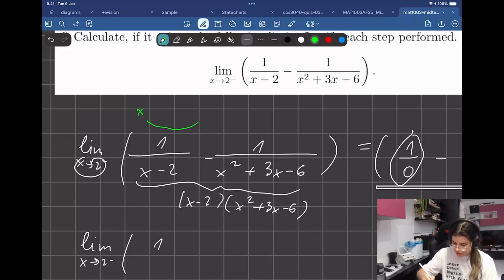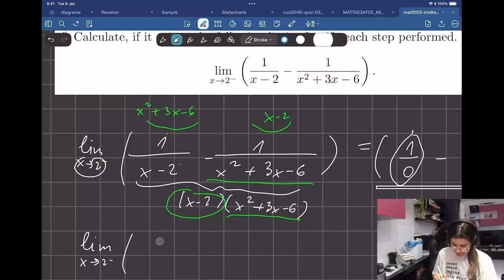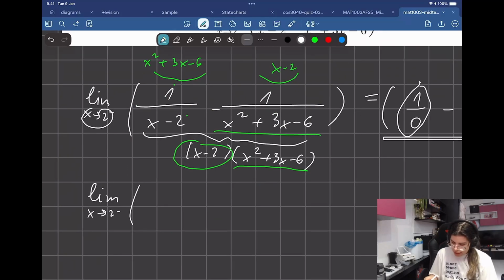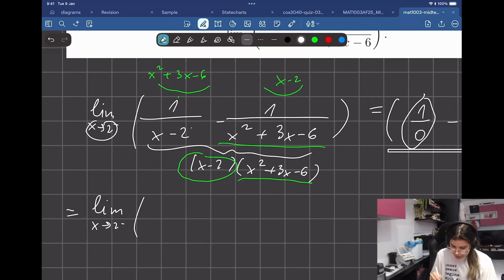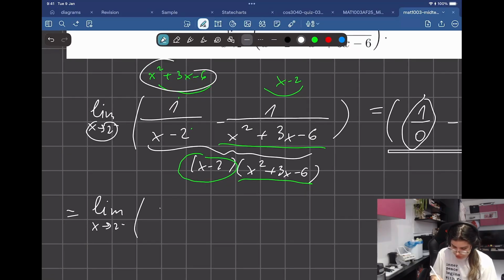It might be different abroad, but I hope it doesn't confuse you too much. I'm just going to multiply both the numerator and the denominator by this expression. And here on the right, we already have that factor, so I'm left to multiply by x minus 2, okay? So now, in the result here, I would have 1 times this expression, which is just x squared plus 3x minus 6.